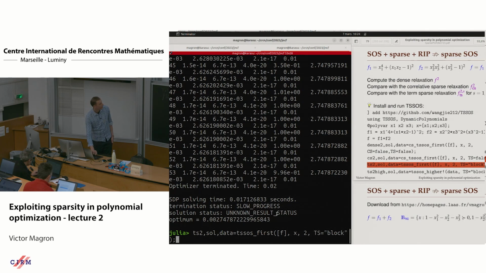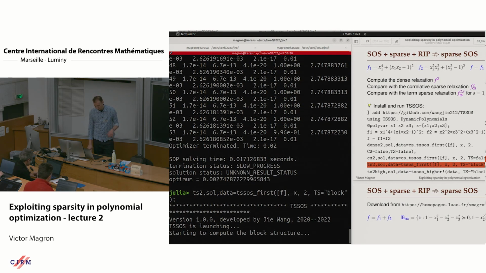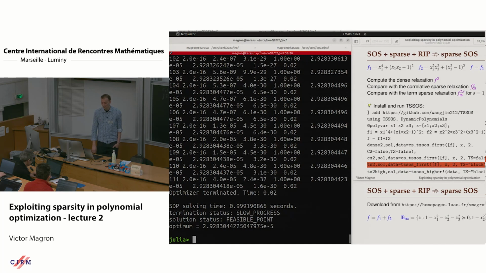And I take the maximal chordal extension operation. TS2 is the value of the bound. Here there are 14 affine constraints instead of 35 in the dense case. So again, the bound is quite bad. It's 0 instead of 0.84.